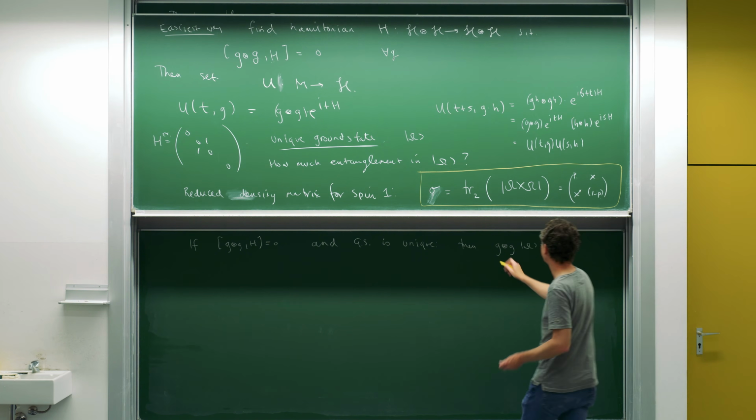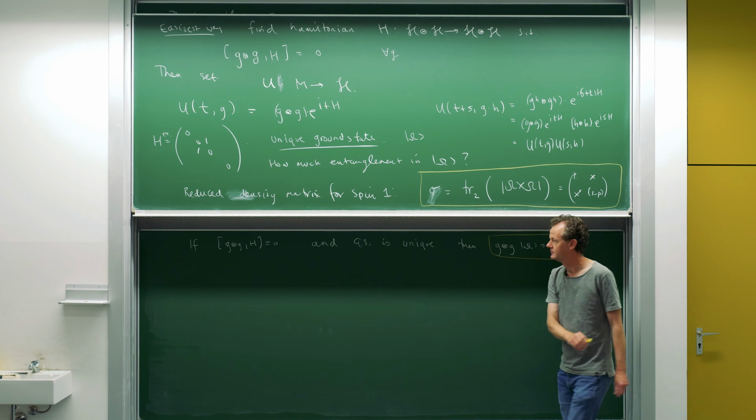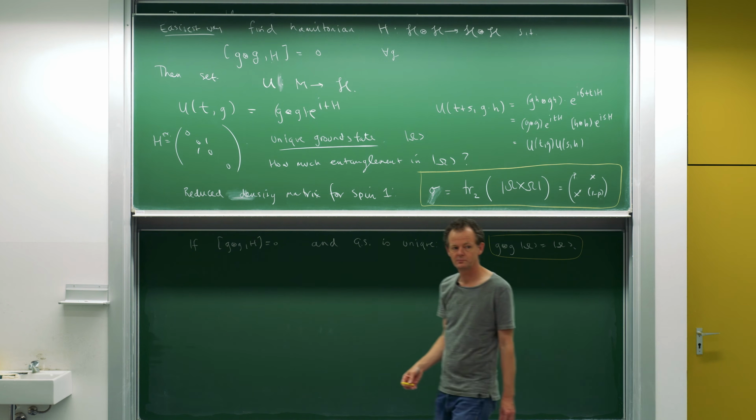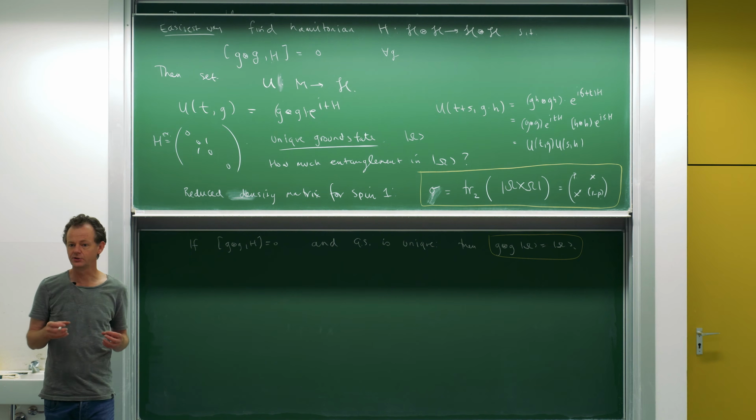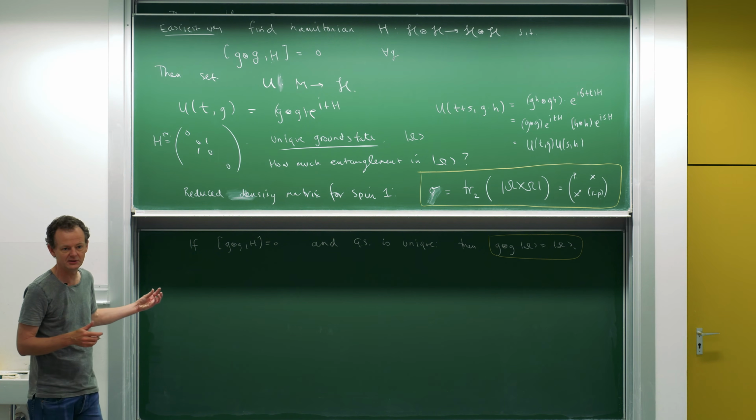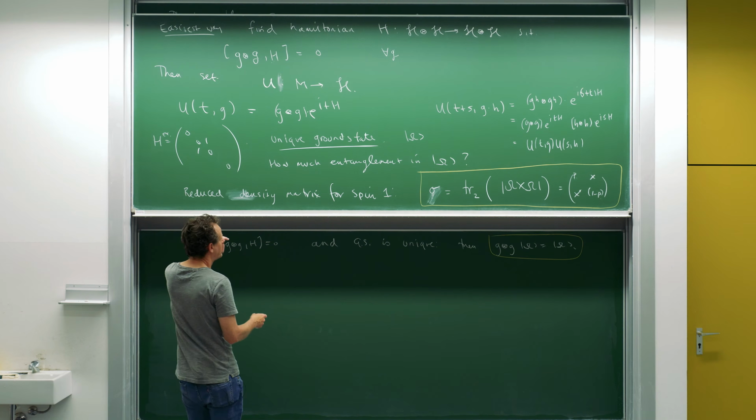Okay, that's a fact. And here's another fact. Now we're going to put these two little facts together with Schur's lemma, and we're going to learn something quite amazing about the reduced density matrix.